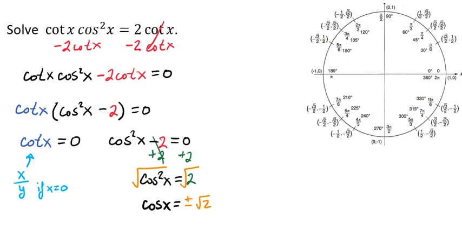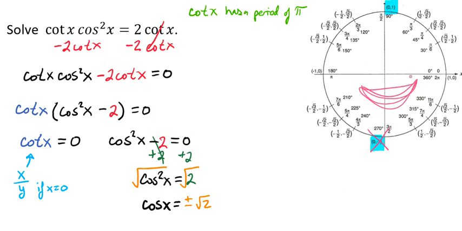And we see that that happens here, and that happens here. And just like tangent, cotangent only has a period of pi. So we'll ignore anything down here in the third and fourth quadrants, because we're only existing between 0 and pi.